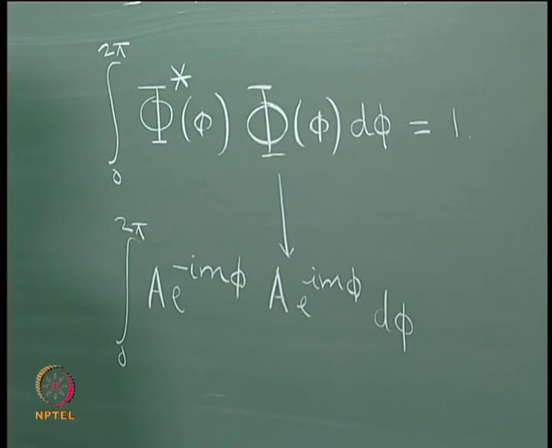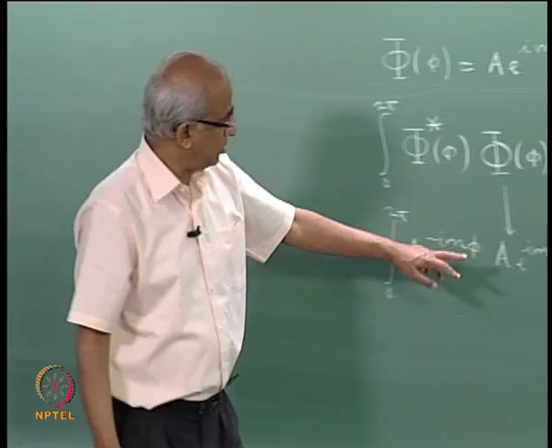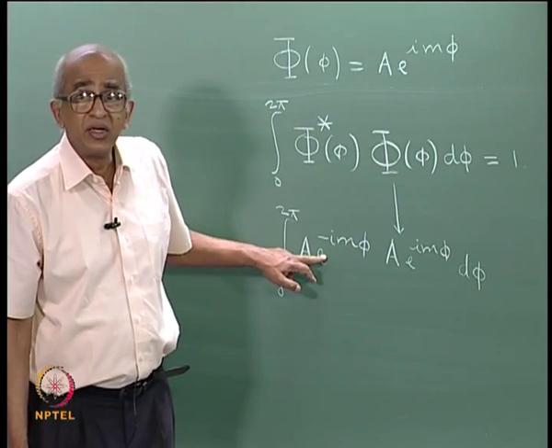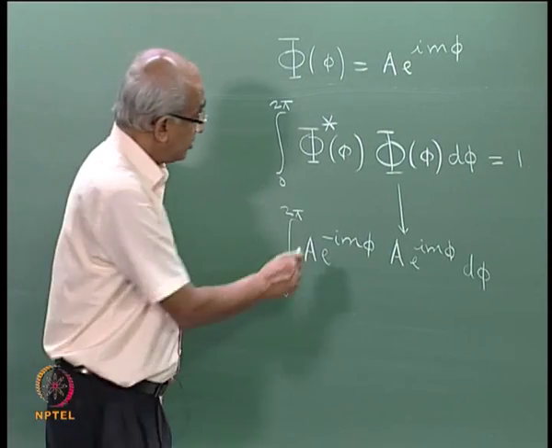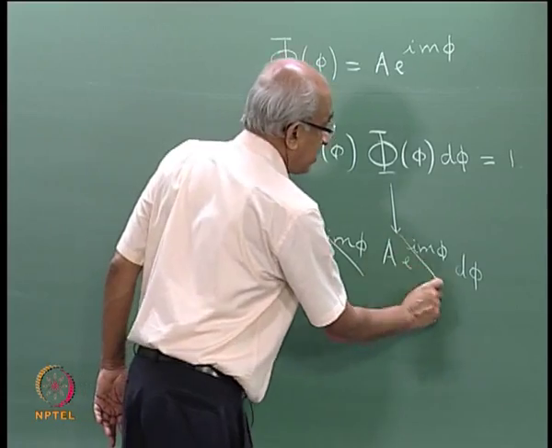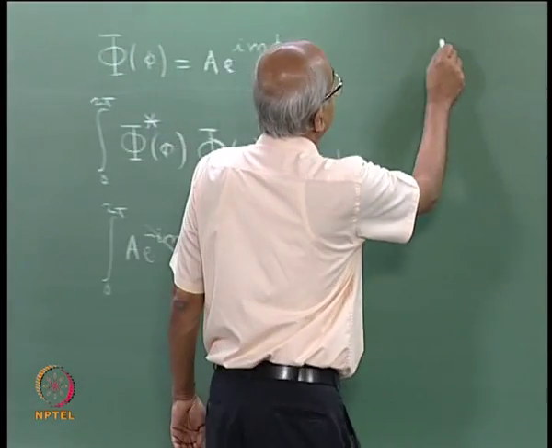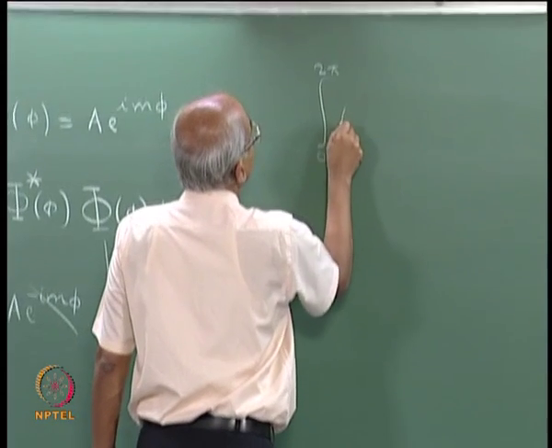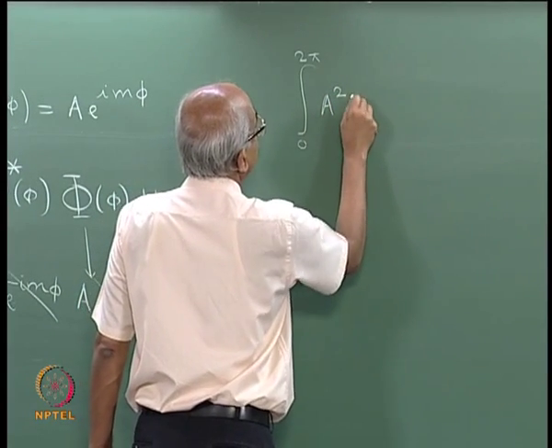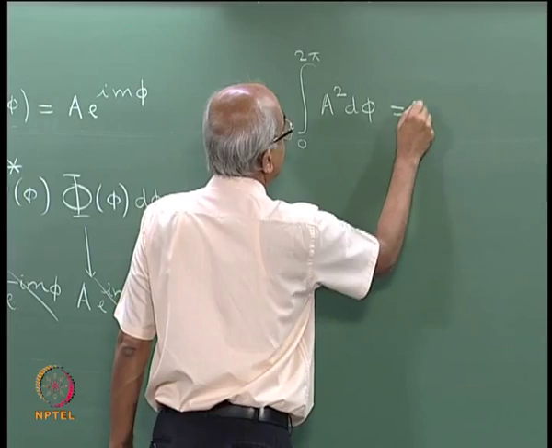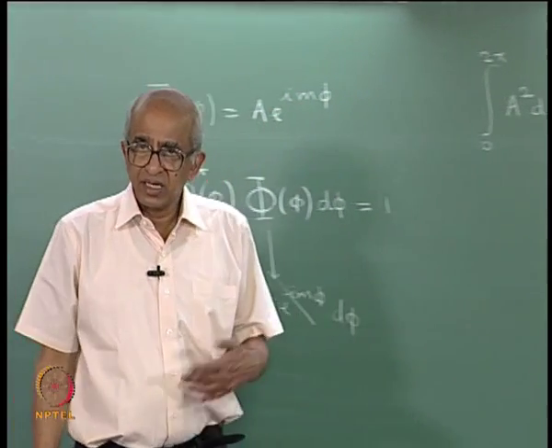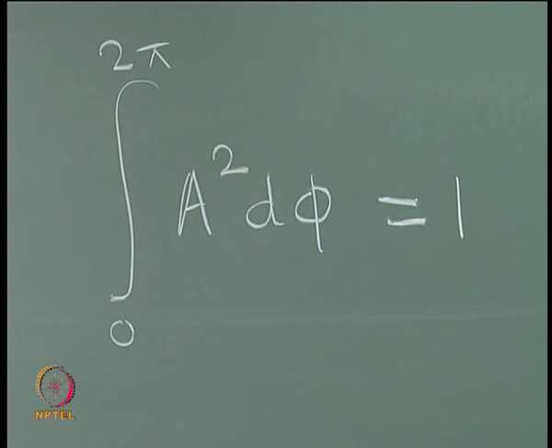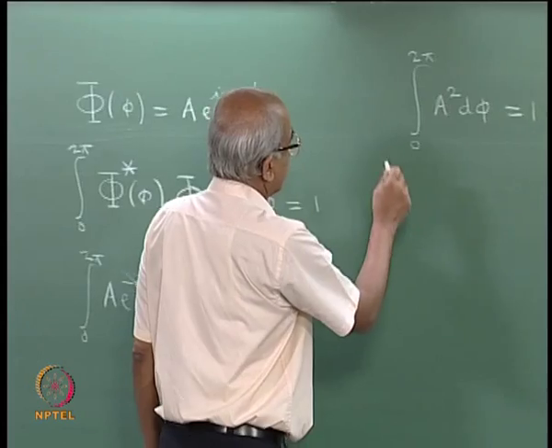And it is obvious that in this expression, this e to the power of plus i m phi will be exactly cancelled by e to the power of minus i m phi. So, these two will cancel each other, and you will be left with integral 0 to 2 pi A square d phi is equal to 1. Remembering that A square is just a constant, actually referred to as the normalization constant. This integral can be easily done.